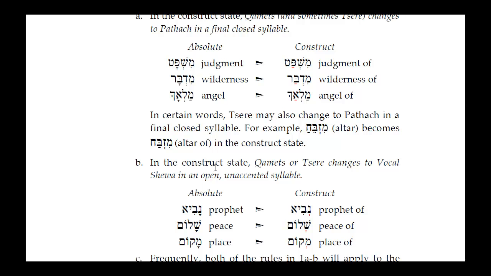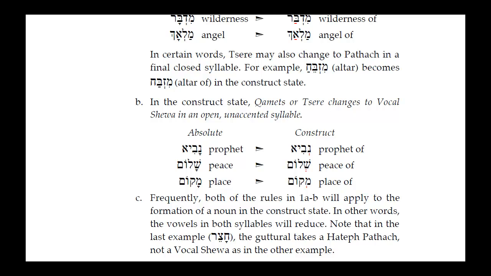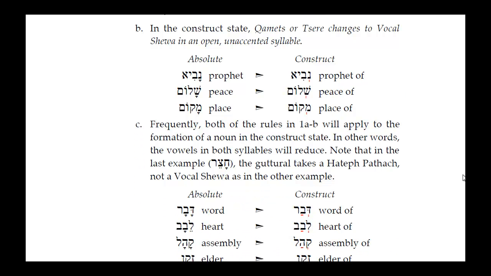In the construct state, qamets or tsere also changes to a vocal shewa in an open, unaccented syllable. So we have the qamets changing to a patach in the closed final syllable, and we have a qamets changing to a simple shewa in an open, unaccented syllable.